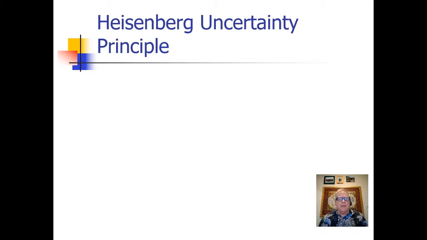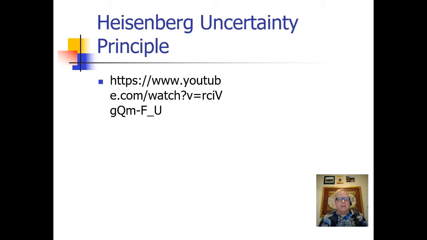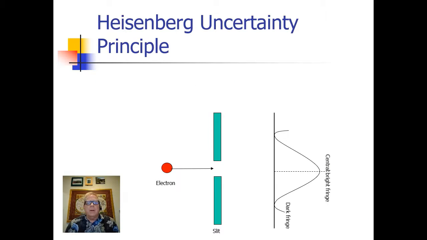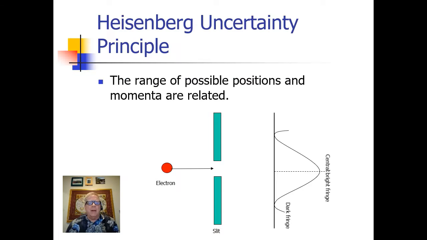Here are some videos that you can look at your leisure that describe the Heisenberg uncertainty principle in greater detail. I'm just going to give you the bottom line in the next screen. The Heisenberg uncertainty principle says that the range of possible positions and momenta that a particle can take on when observed are related.